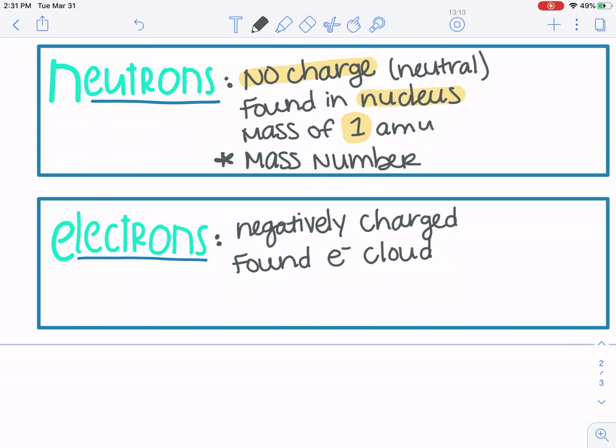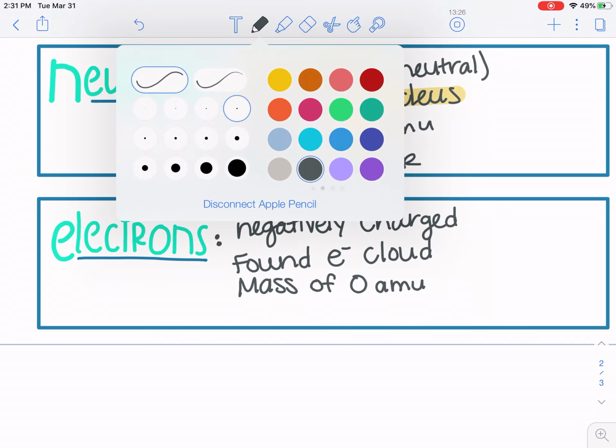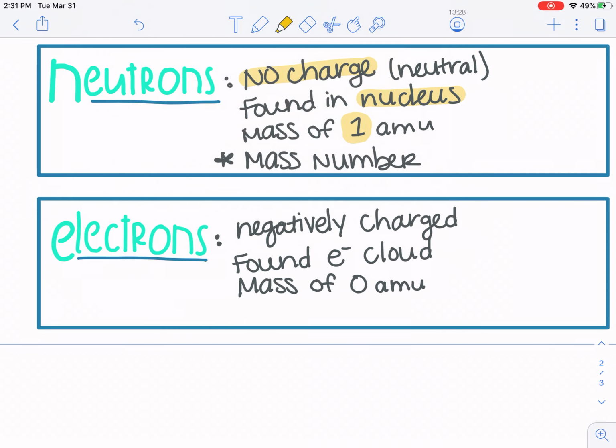And they have a mass of 0 AMU. They do have a mass, but it is very, very small. And so we don't really need to worry about it at this time because it's so small, it is insignificant.